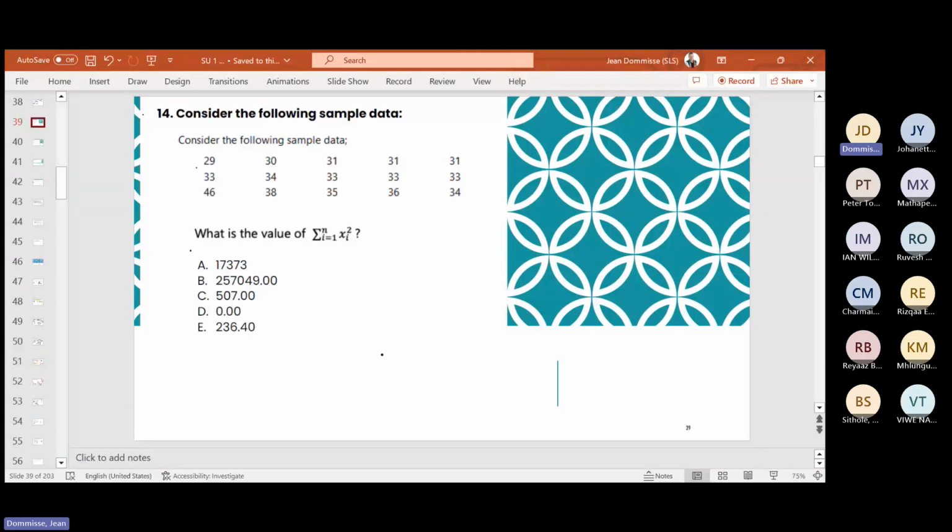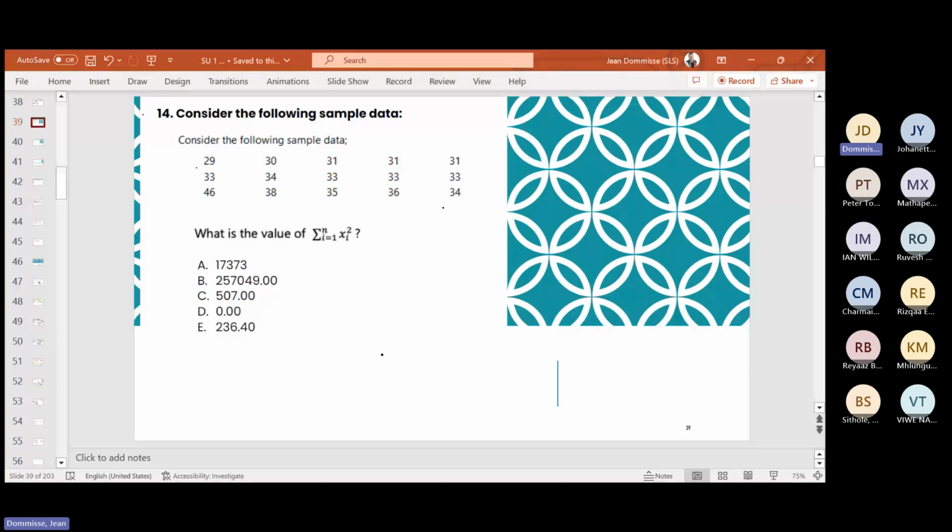This should have been part of study unit 3, and I will move it into the right slots afterwards in the presentation as well. Basically, they have given you all the data.